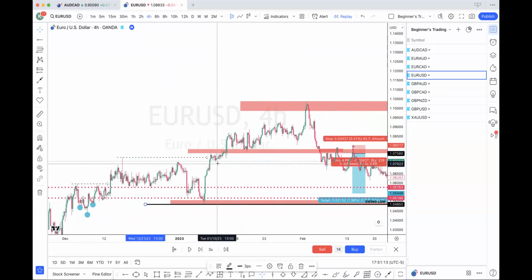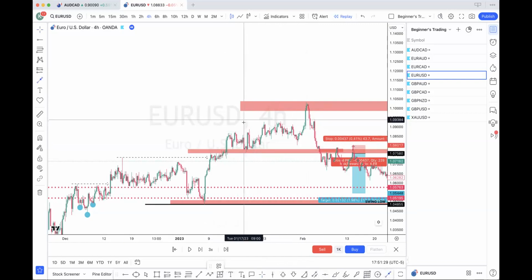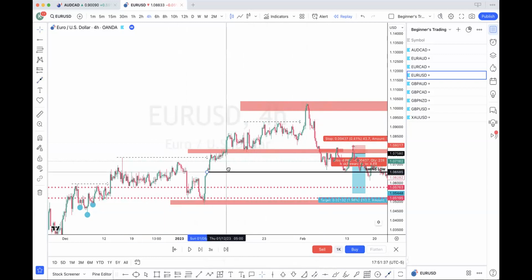So price is pushing up, pushing up, pushing up, pushing up. And yeah, you have these internal moves in between that you see how choppy that is, right? And then the next high would be here. And then you move your swing low here.